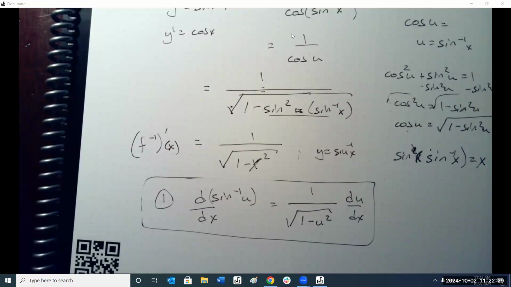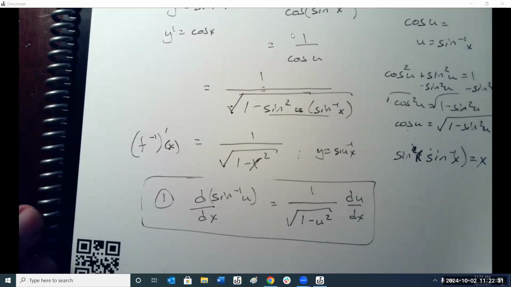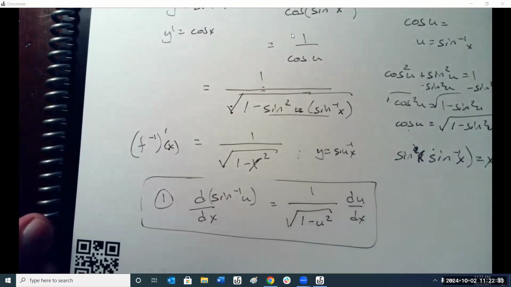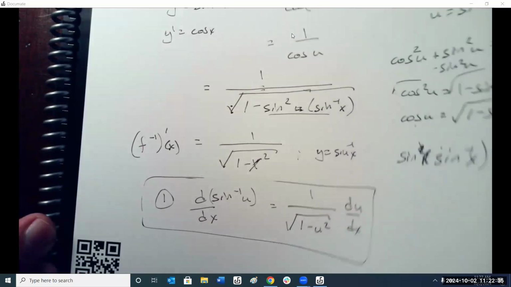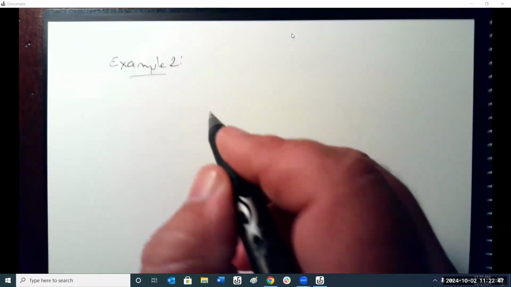All right, so let's look at example 2. What does it say?